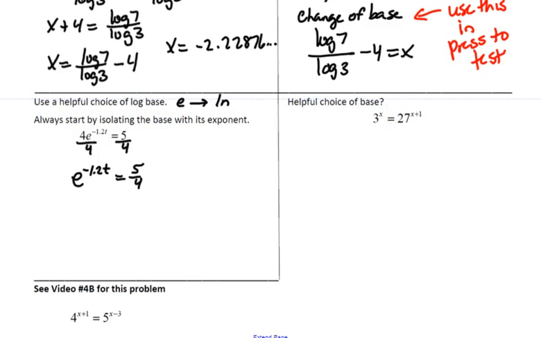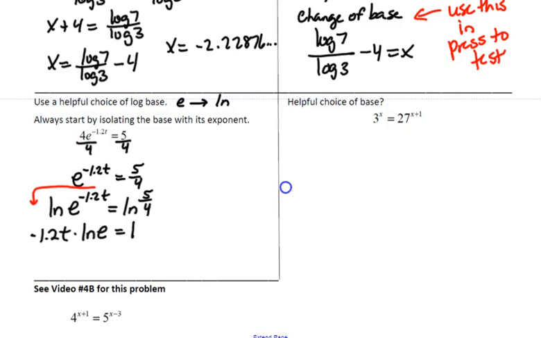Then the second thing I'm going to do is take the log of both sides, but I'm going to use the natural log. Natural log of e to the negative 1.2t is equal to natural log of 5/4. And then I can use the power property to bring out the exponent. So it's negative 1.2t times natural log of e equals natural log of 5/4.